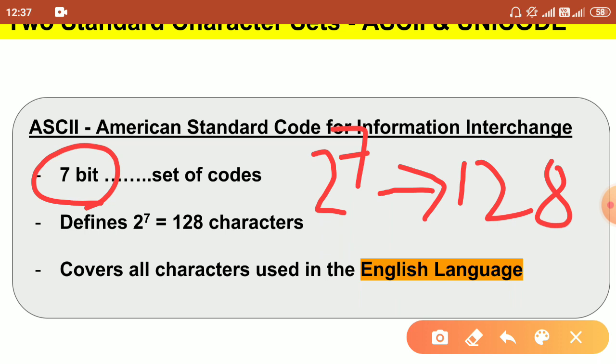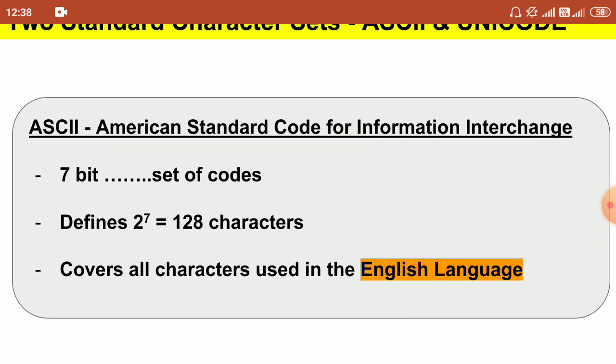So 128 characters can be represented by this ASCII, and this ASCII covers all the characters used in the English language. Similarly we have another standard. This was the first standard, ASCII.